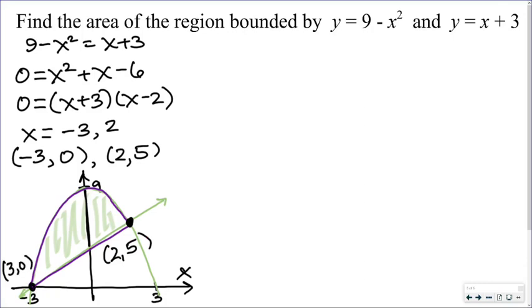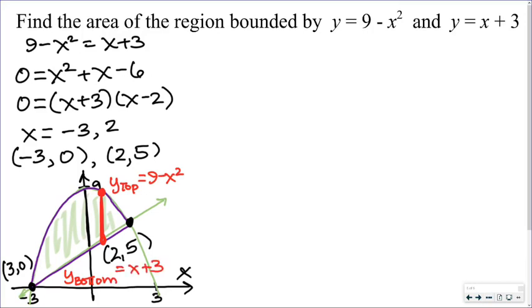And again, visually looking at this, I can see it's going to be much easier to do this in a single integral by slicing top to bottom. So my y on the top is the parabola, which is 9 minus x squared. My y on the bottom is the line, which is x plus 3.